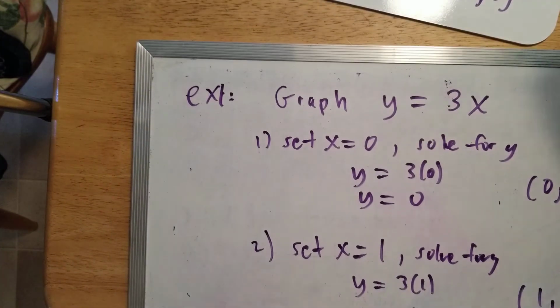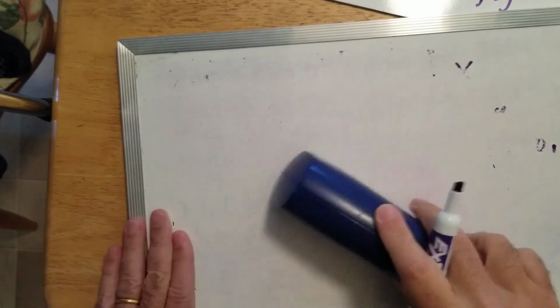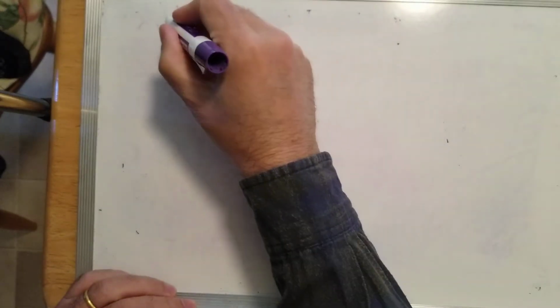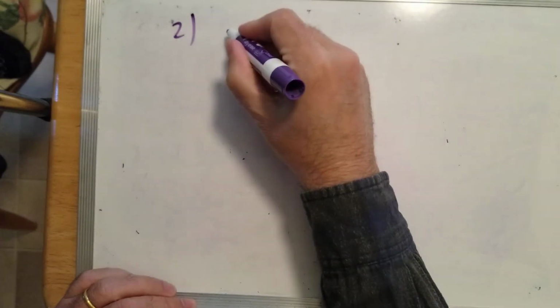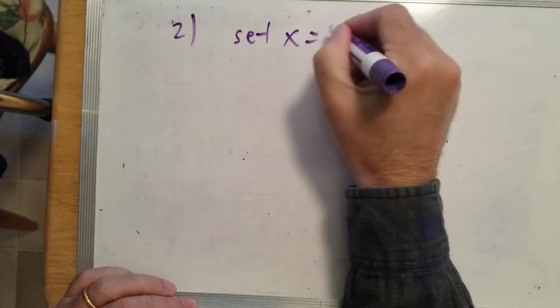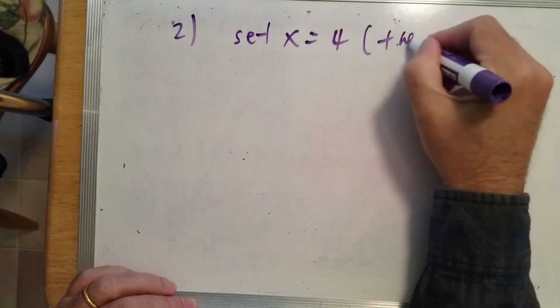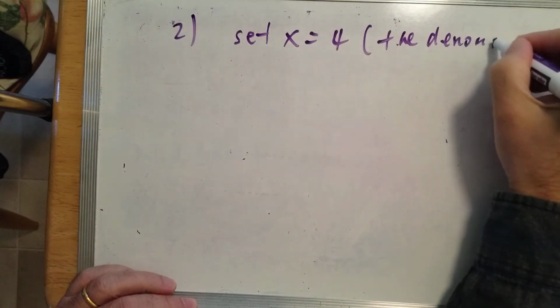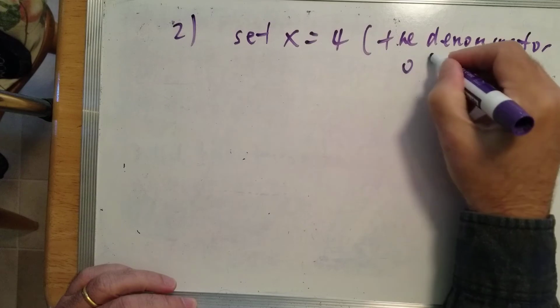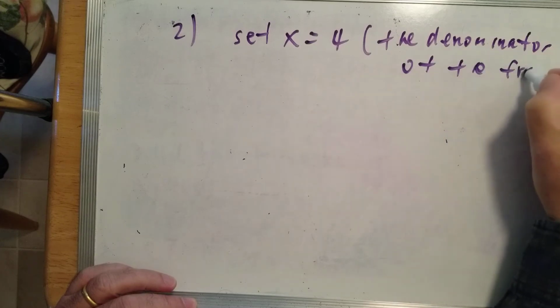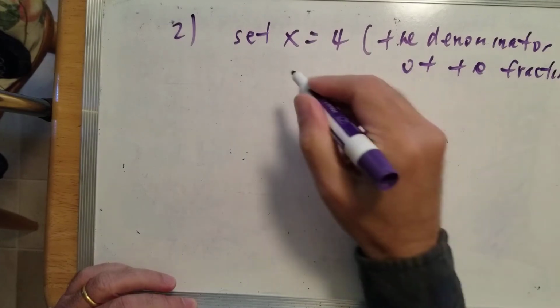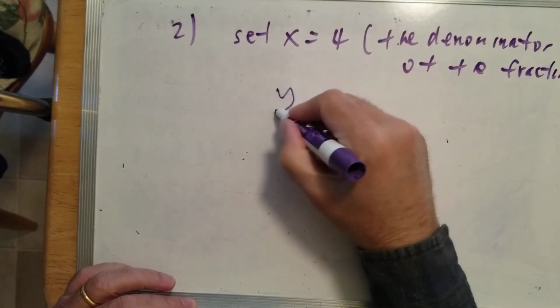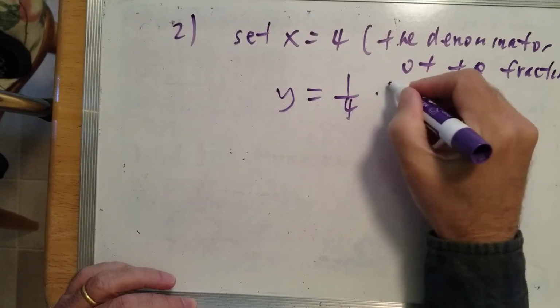But now, because the coefficient of x is a fraction, instead of setting x equal to 1, I'm going to set x equal to 4, which is the denominator of the fraction, which gives me y equals 1/4 times 4.